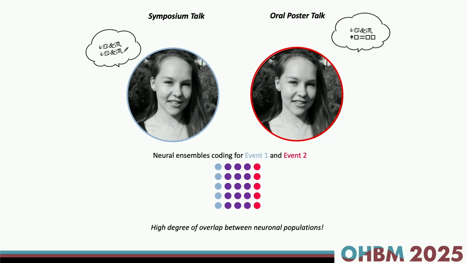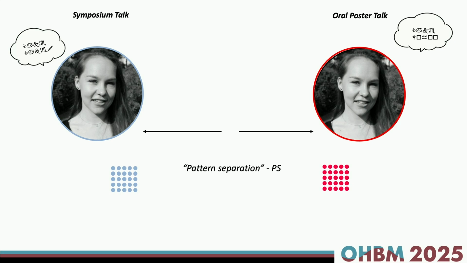Most of the regions in your brain are likely to have highly similar neural responses to a lot of the features that are shared between these two talks. And so ideally what would happen in your brains during or after this talk is a process deemed pattern separation, where these neural responses are decorrelated for you to later on be able to differentiate them. And this is crucial for high fidelity memories.